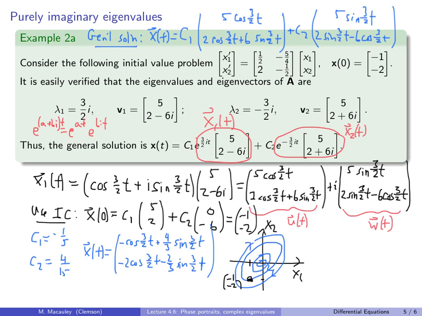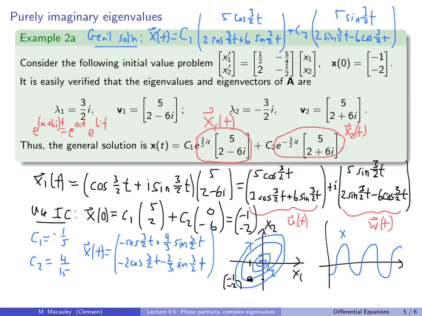And we can also plot the component plots of this. So this is x. So let's plot x1 and x2 of t. This is x1 of t and this is x2 of t. And we can actually plot these. Again, I would use Wolfram Alpha or your calculator. It's not at all clear what this thing looks like, other than the fact that it is some sort of sinusoidal curve. And it turns out that x1 looks like this.